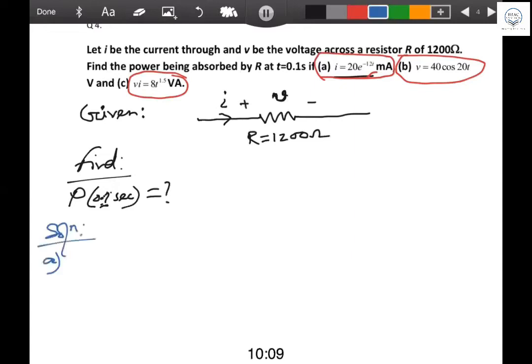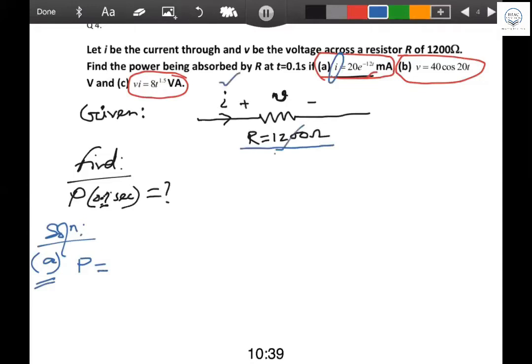If we go for A first, then what will be the power for A? P will be equal to 0.0435 watt. What is the equation? Because I is given, I squared R. For A, I is given, and resistance is already given.